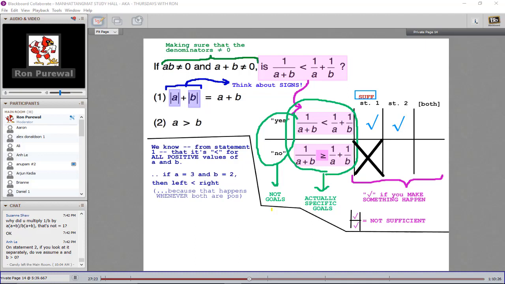So we need to try at least one of them negative. Let's just try negative. If we want greater than or equal to, we know that we need to try negatives because of the outcome of statement one. So let's try the same thing except negatives.